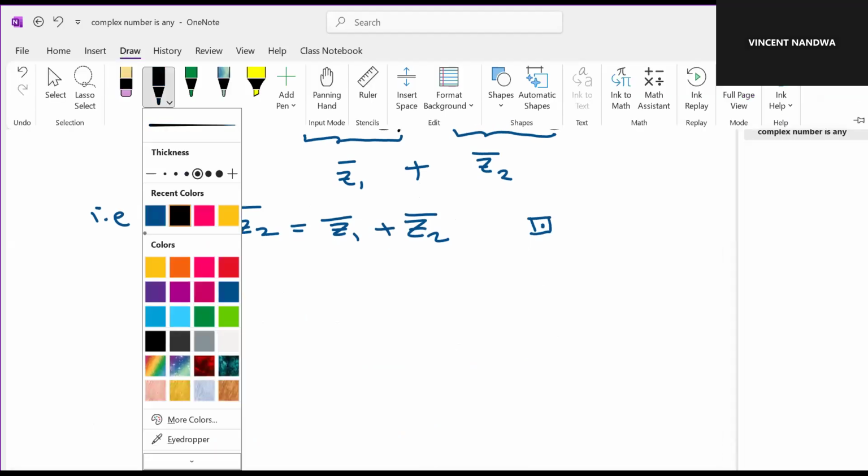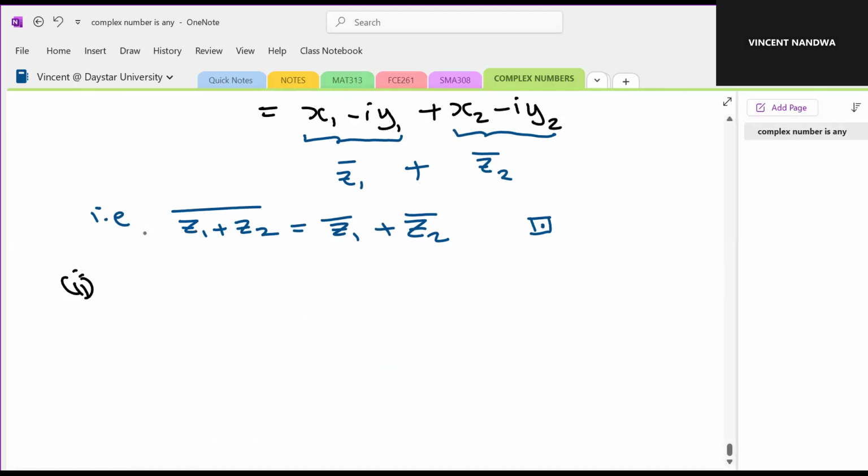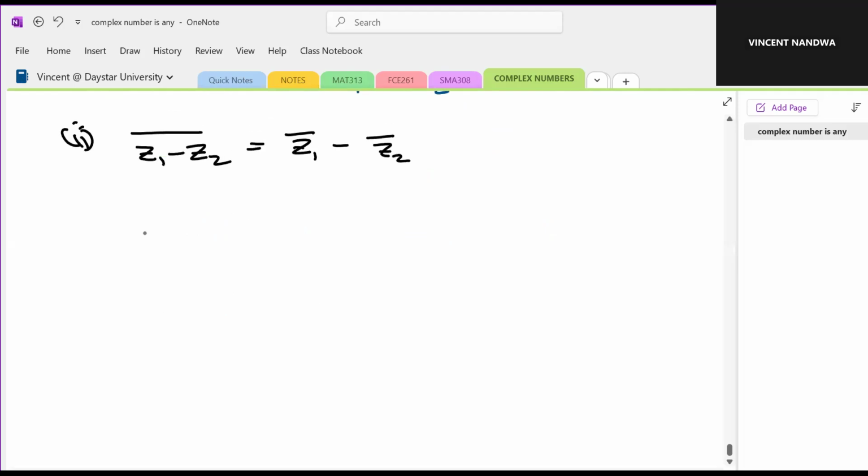Then part 2, the conjugate of Z1 minus Z2 is the same as the conjugate of Z1 minus the conjugate of Z2. Please provide the proof, just following the same process we have done in the first case.